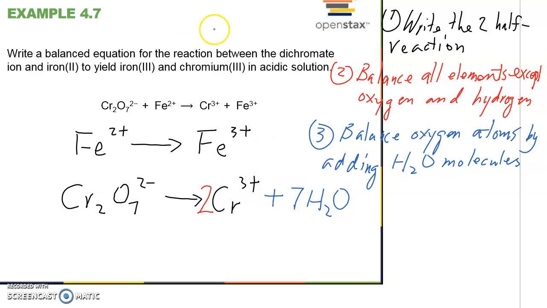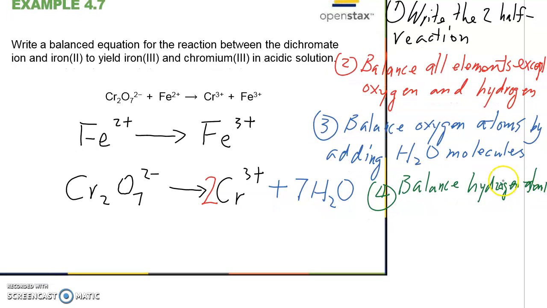So what is the next step? Let me change the color. The fourth step will be to balance the hydrogen atoms by adding H plus ions.